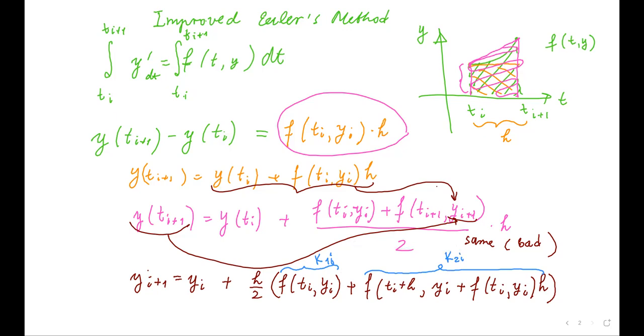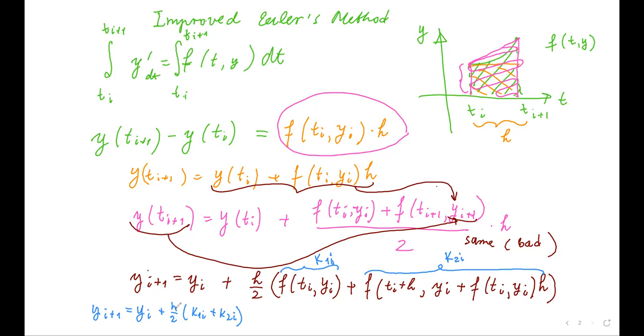So to write down this formula short, I want to write down one more formula. Maybe over here. y i plus 1 equals y i plus h over 2 times k1i plus k2i. Coefficients, which are defined through these two formulas, and just a shorter way to write it down.